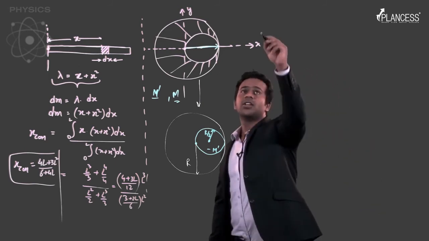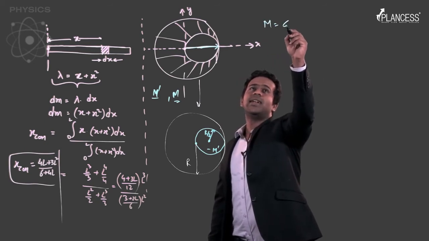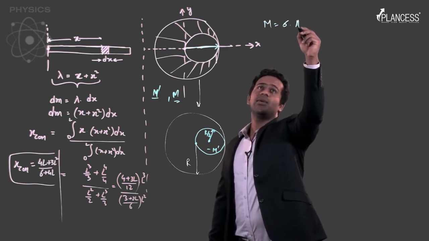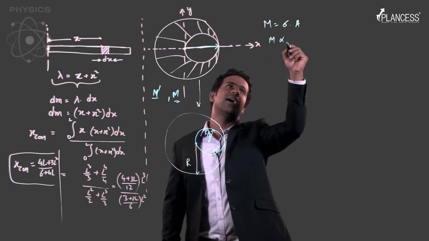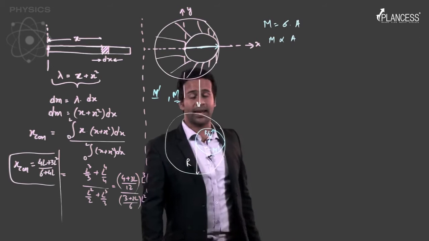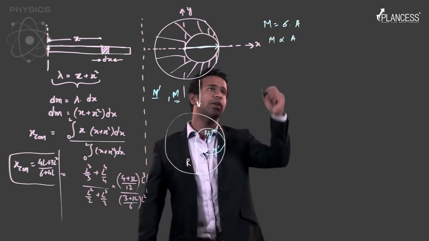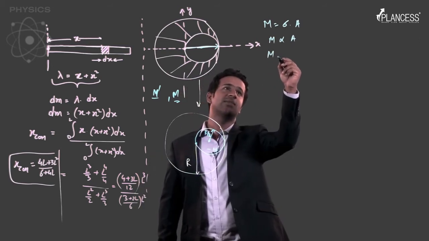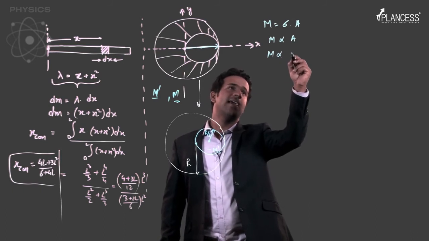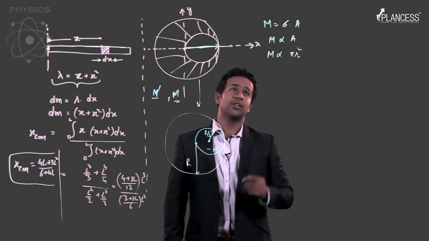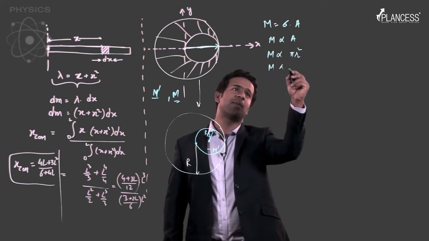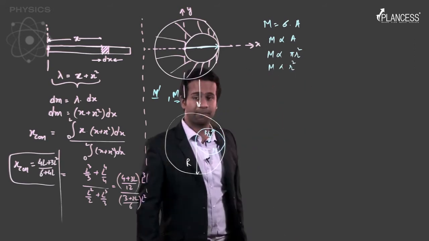So mass, we know, is equal to area density into area. So since sigma is constant, we can say that mass is proportional to area, right? Also, in case of a disk, which is a circle, area is nothing but pi r square, right? So we can say that mass is proportional to radius square.